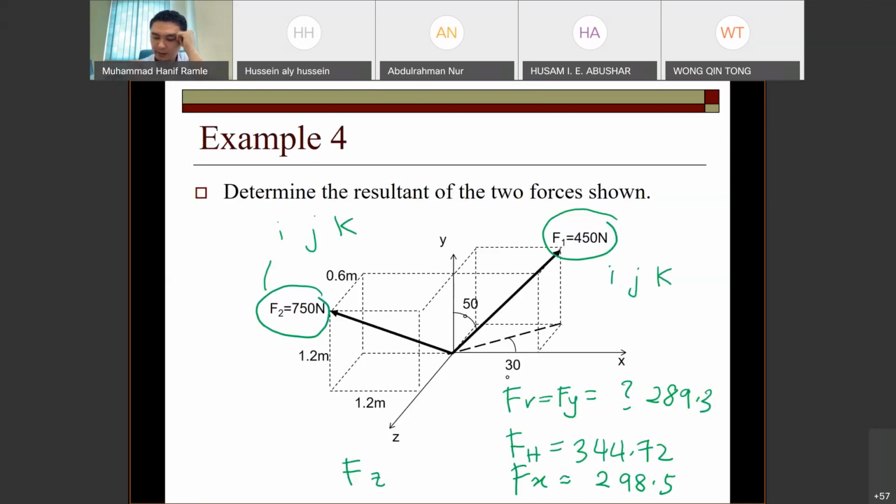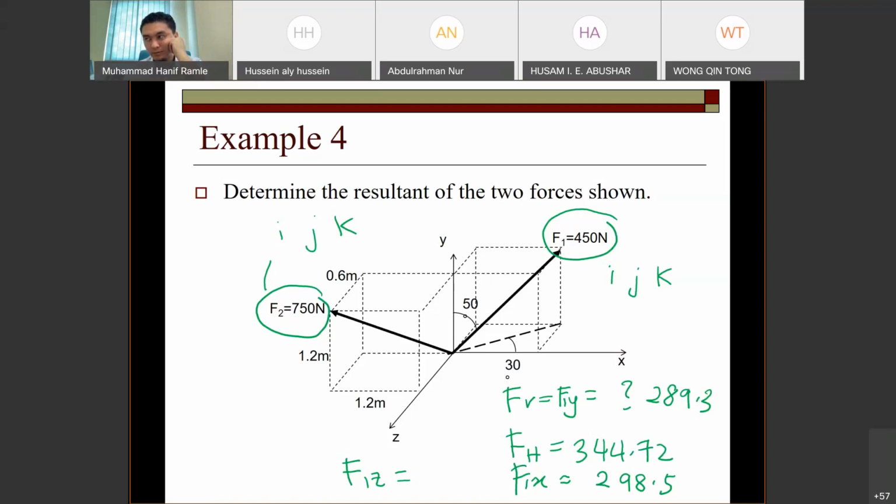So basically, if we have two forces, then you can set F1x, F1y, F1z. How much for F1z? Doctor, the Z here should be negative, right?